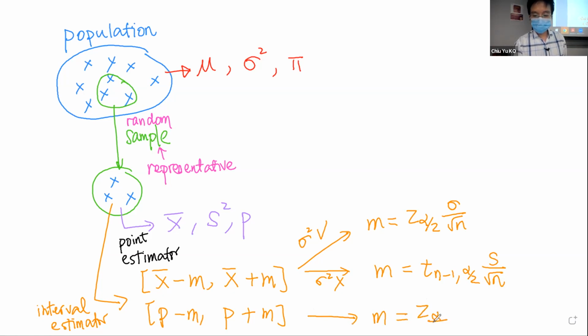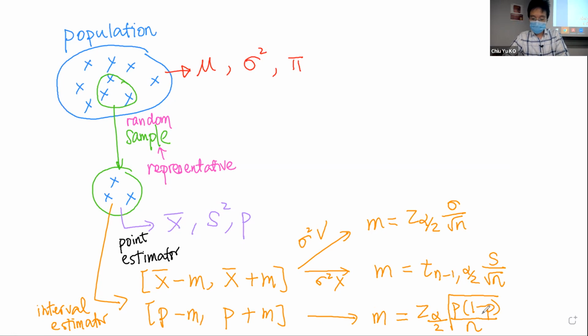For the proportion, it would be P times 1 minus P over root N, sorry. Okay, so that is what we covered last class, last week.